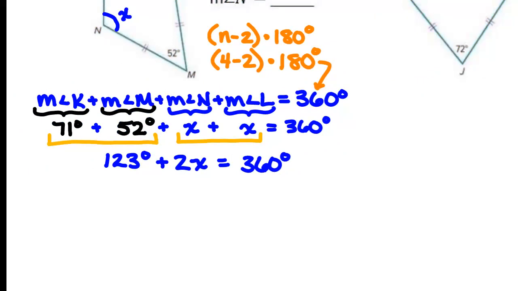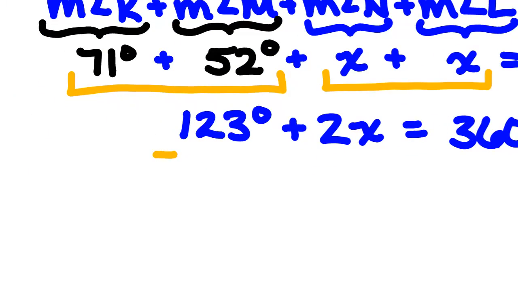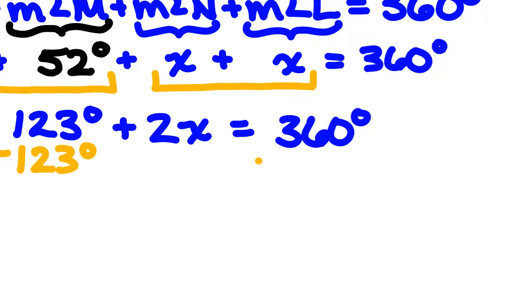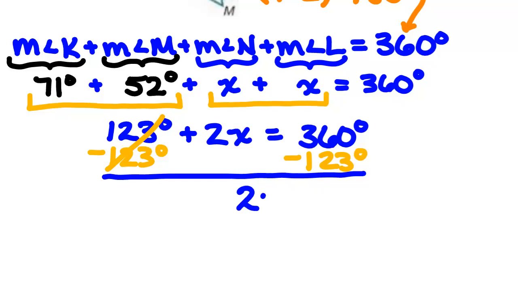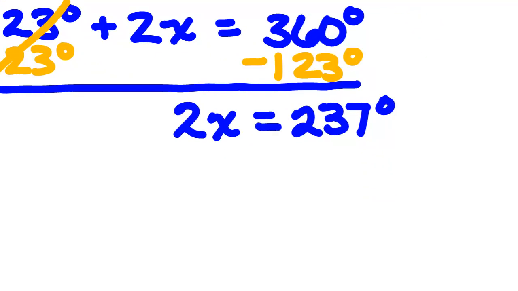What do I do now? Yep, we're going to subtract 123 degrees from both sides. 237, thank you. So 2x is equal to 237 degrees. Last thing I need to do to isolate x?